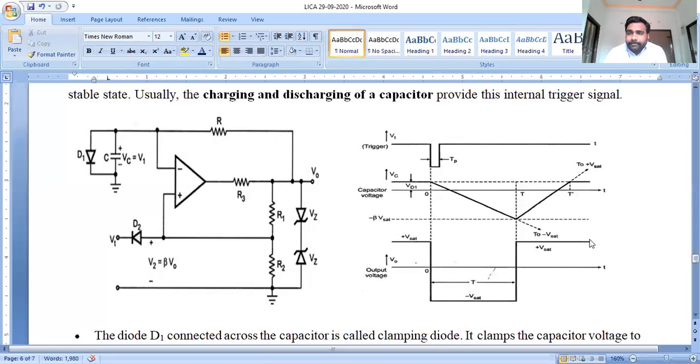We applied a negative pulse, or negative shot, with the help of our triggering mechanism, and we bring the system back from the quasi-stable condition to its stable condition. That is our output voltage analysis, which we described here in points.